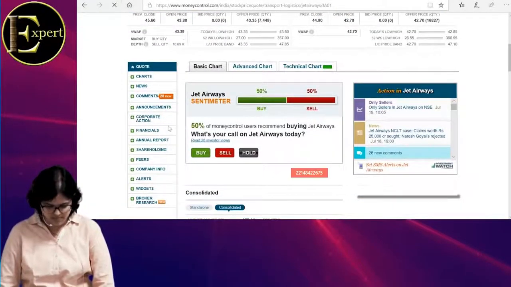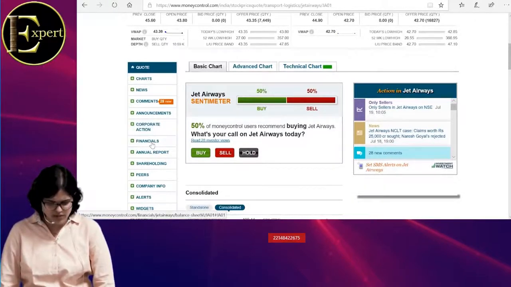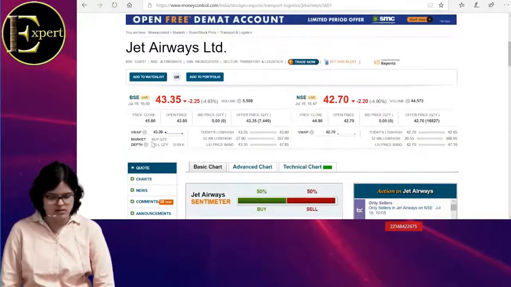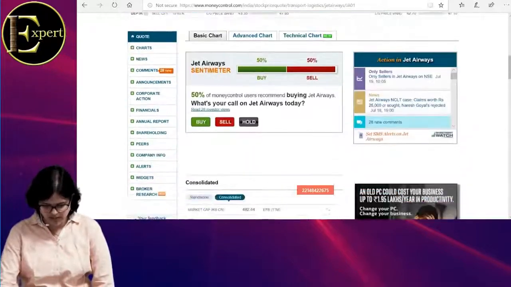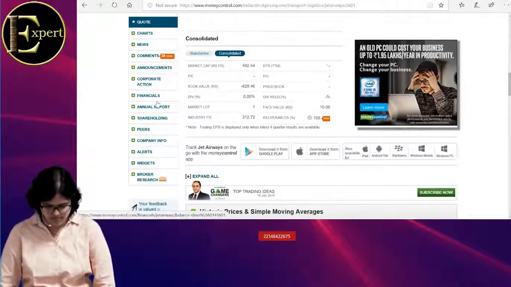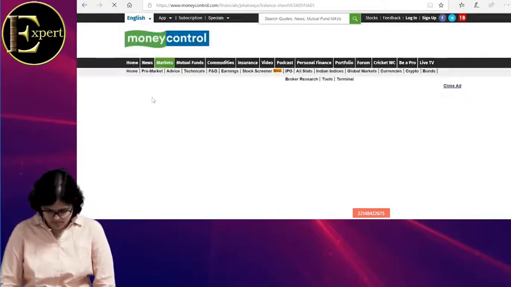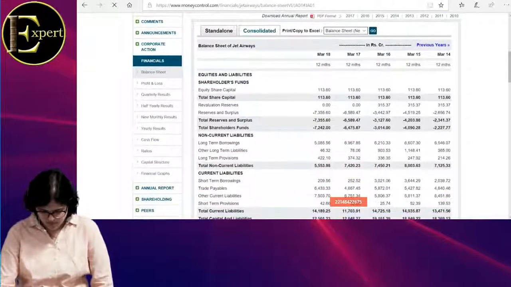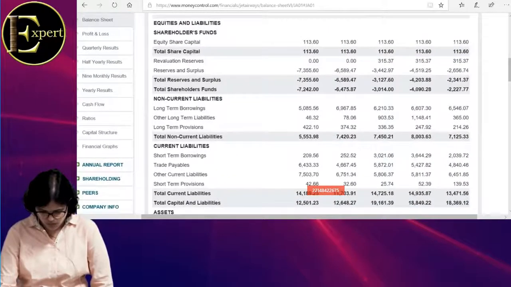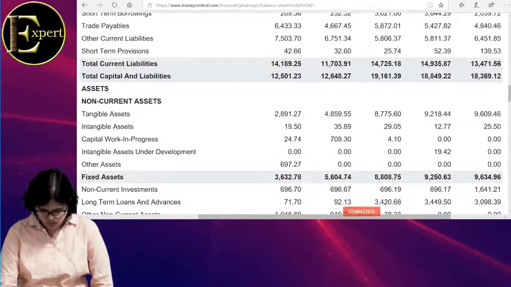Again, their profits is going to be the major reason for problem. But let's also check the balance sheet. Check this out. My god.